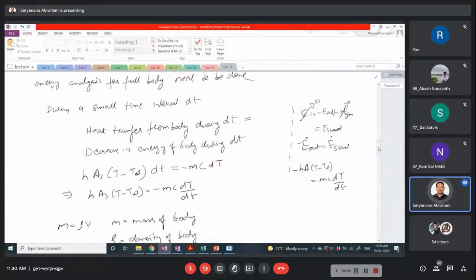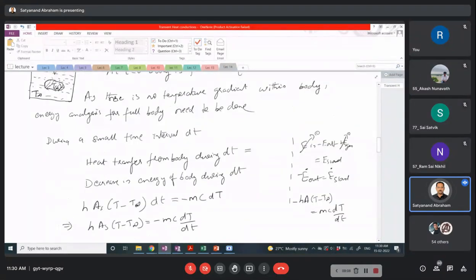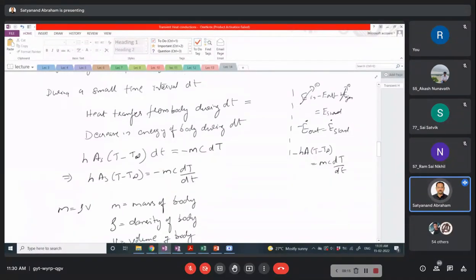The heat transfer from the body is h A_s (T minus T infinity) dt, which is equal to m c_p dT.